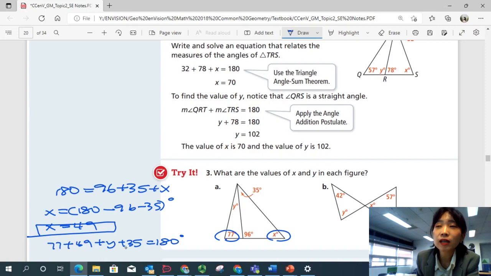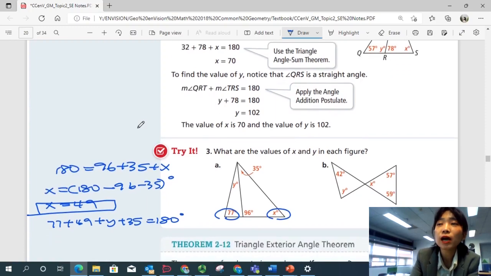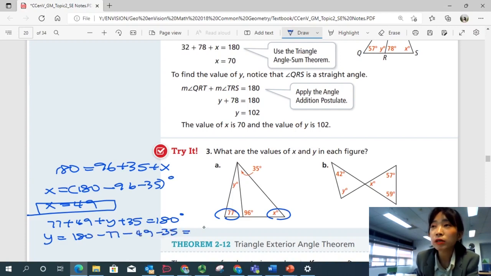It might seem like we're adding 4 angles, which we are, but y plus 35 is just one angle for this vertex, right? So remember that. And your y could be figured out by subtracting all of that from 180 degrees. So y is 180 minus 77 minus 49 minus 35, which will simply be 19. Okay, so y is 19, x is 49 degrees.